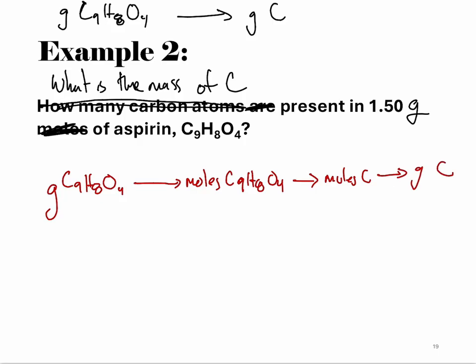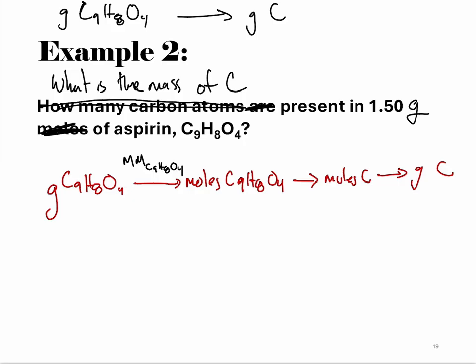Right? And so now, before I let you guys think about it again, what are you going to use to go from grams of aspirin to moles of aspirin? What chemical quantity? The molar mass, right? The molar mass of that molecule, C9H8O4.